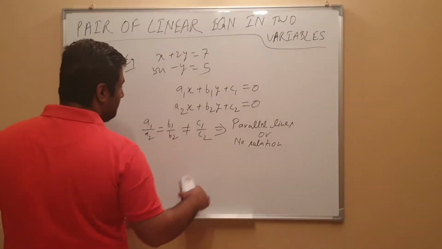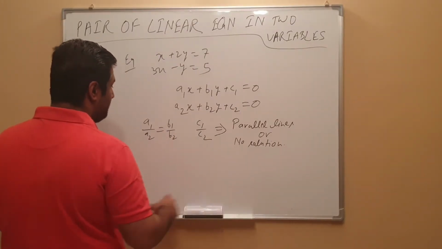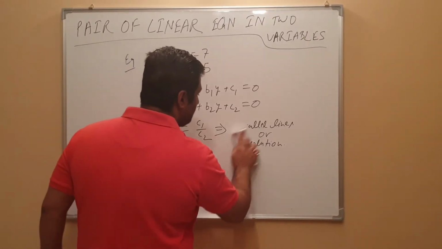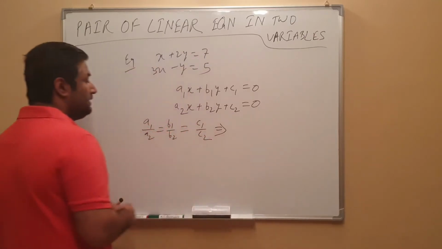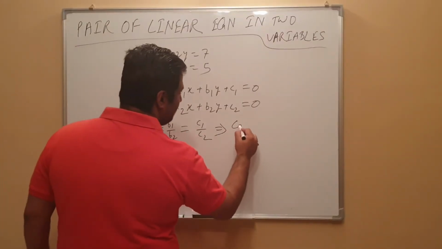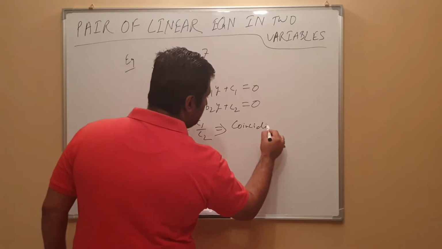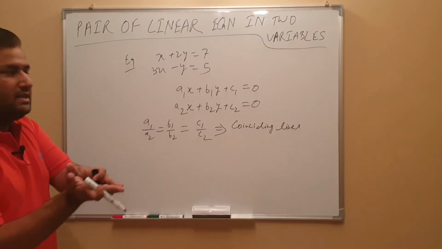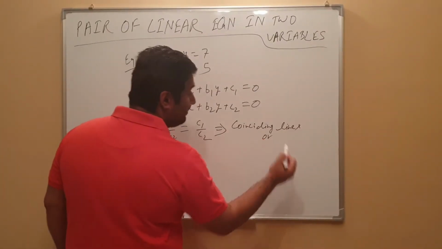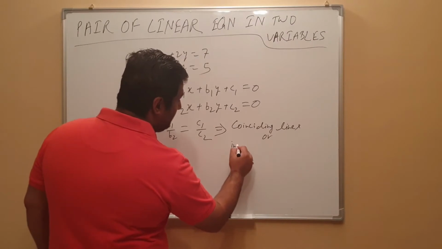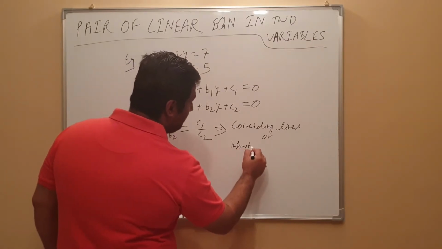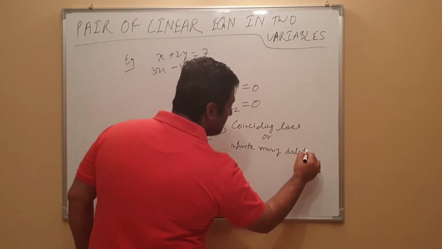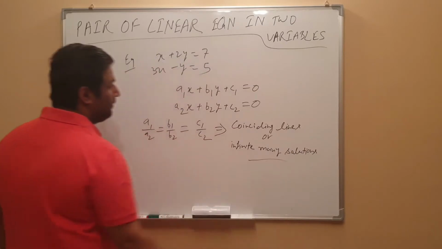And in the third case, you will have a1 by a2 equals b1 by b2 equals c1 by c2, so in that case your lines will be coinciding lines, meaning one line on top of the other line, or you will have infinitely many solutions, okay.